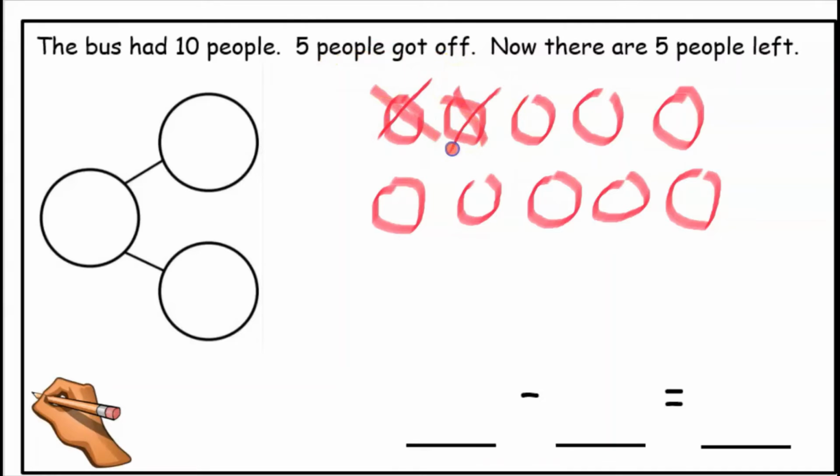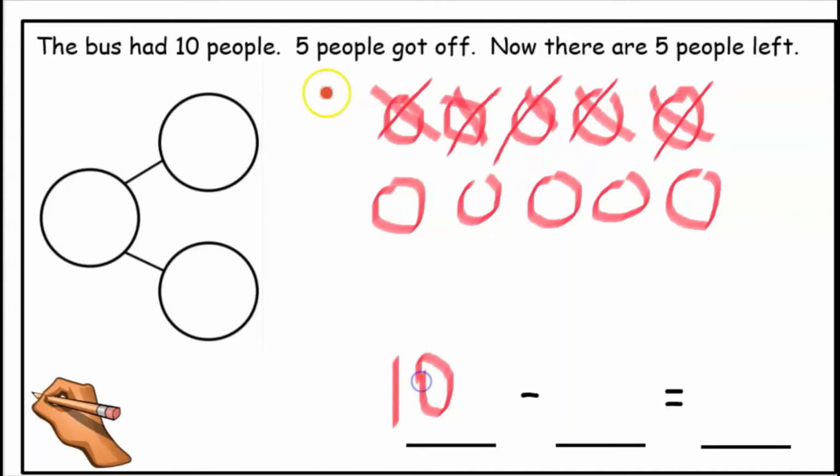So I'm going to cross those 5 out to show they left because I can't take it off my paper. We're not going to erase. And then I had 5 left. Now my number sentence starts with that bigger number, 10. 5 got off, and then I have 5 left. 10 minus 5 equals 5.